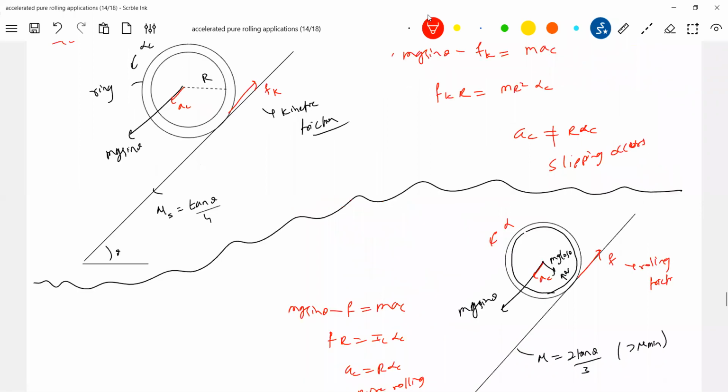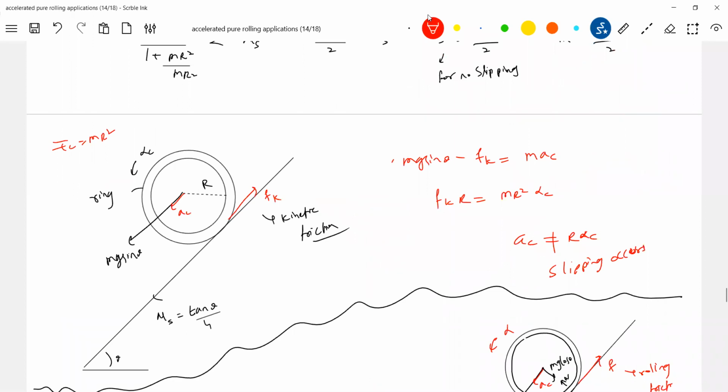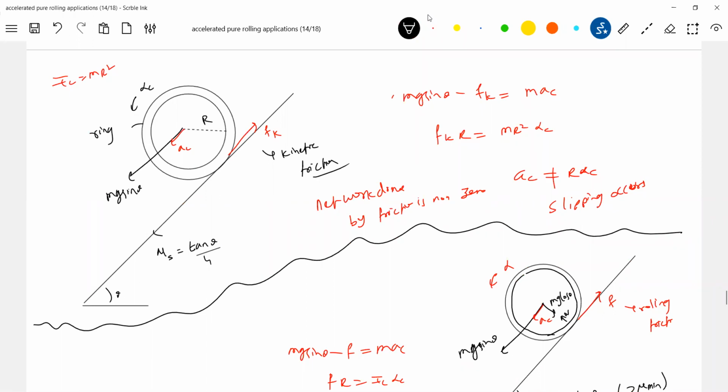Sir, can I apply the work-energy theorem here? No. Net work done by friction will be non-zero. Very important part here: net work done by friction is non-zero. Then how to calculate the velocity of the ring when it reaches the bottom of the incline?